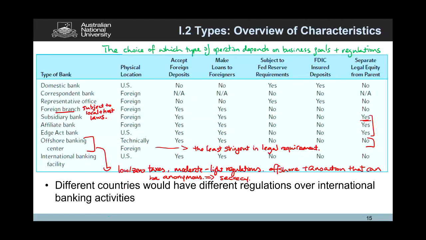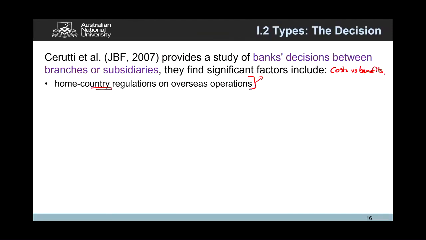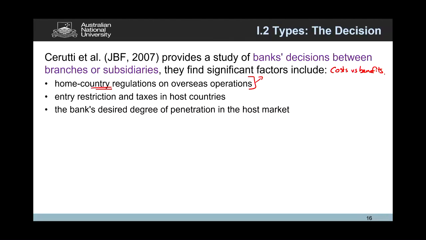However, if you are a subsidiary, it could be that you're not subject to your home country's law, but you are subject to the host country's law. What I was referring to on the other slide was home countries' regulations on overseas operations as well as host countries' regulations on foreign operations.